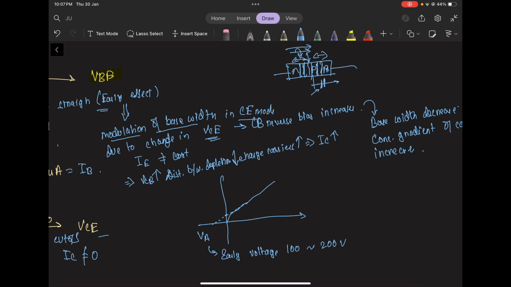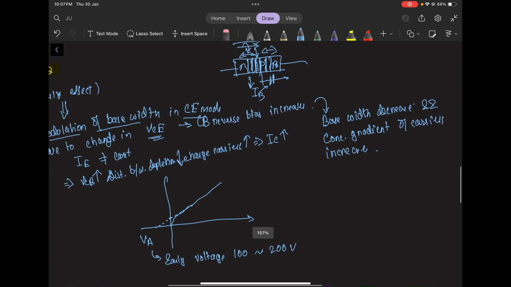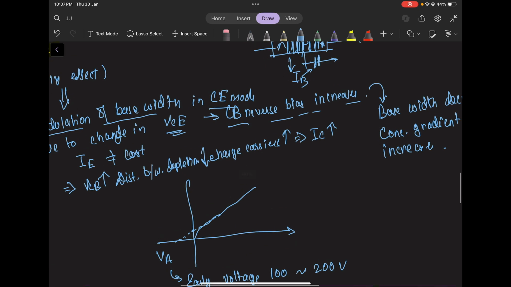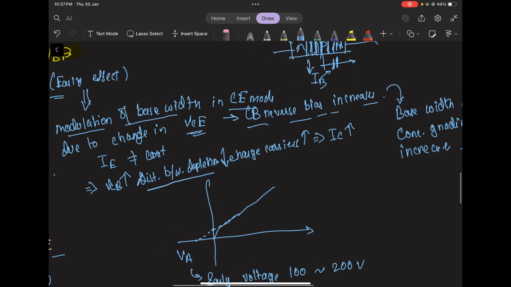However, as the base itself is now thinner, a lesser amount of base current is able to flow out. So due to these two reasons, as the collector base reverse bias increases, the distance between depletion regions decreases, so the width of the base itself decreases, the charge carriers increase there and IC increases.